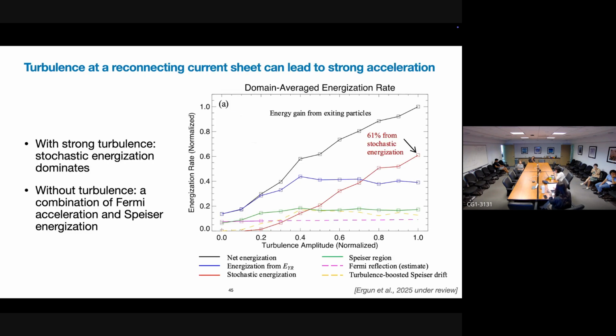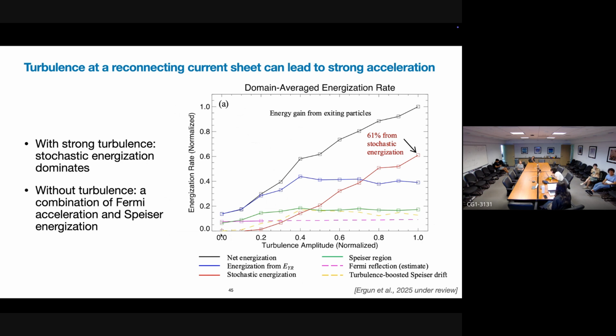And with all the orbits, we can get a plot like this. Again, we're looking at the influence of turbulence amplitude. We can increase it from 0 to full turbulence, and we can separate the energy into different parts. For example, the blue line is energy from the out-of-plane electric field, and without turbulence you will have zero stochastic energization, which is the red line.